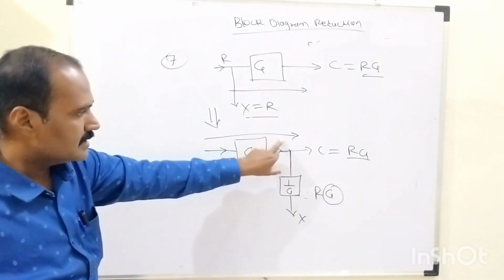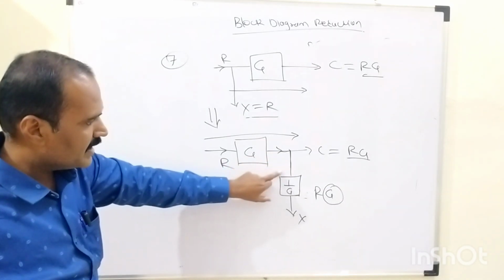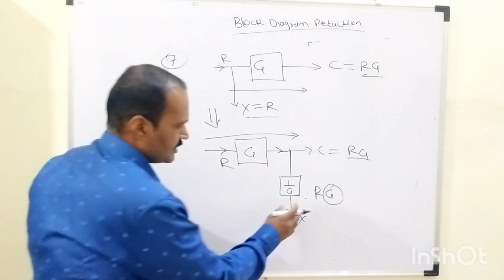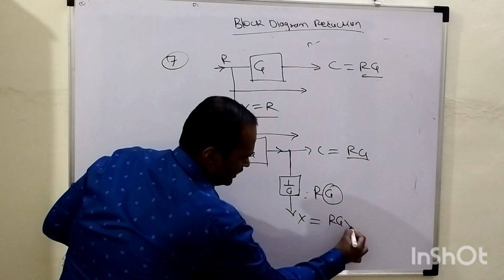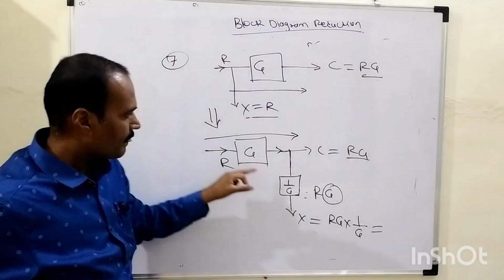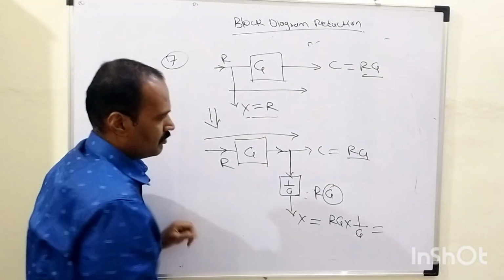Up to this point the signal level is RG, so this RG is given as an input to this block, and the output of that block is here X. So X equals RG times 1 over G, because RG is the output of this part which is given as an input to this block, right?